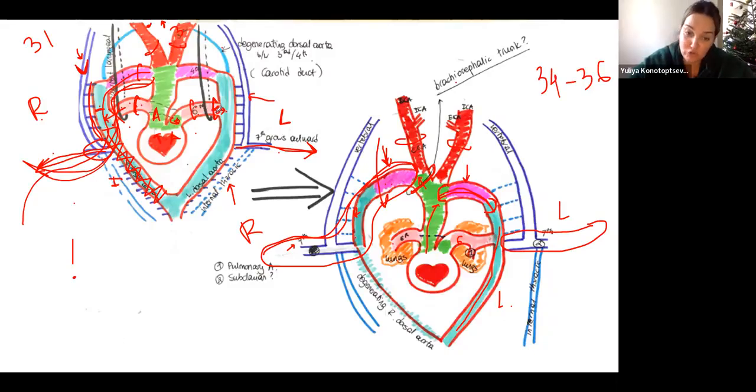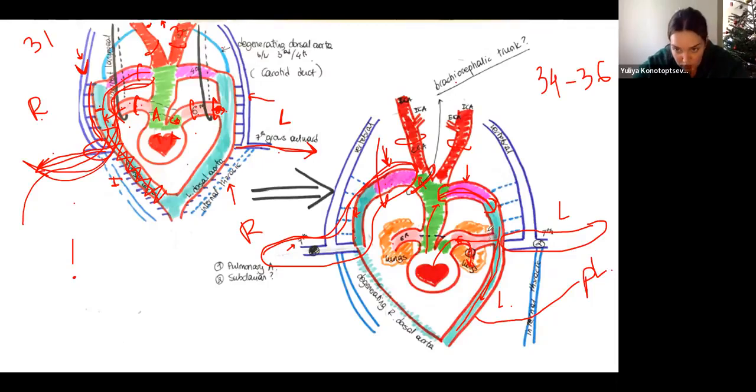So we need to make sure that if your heart sends the blood to the lungs, majority of it will bypass the lungs and go straight into the left dorsal aorta, from the left dorsal aorta into the umbilical artery, from the umbilical artery to the placenta, because this is where oxygenation will happen.